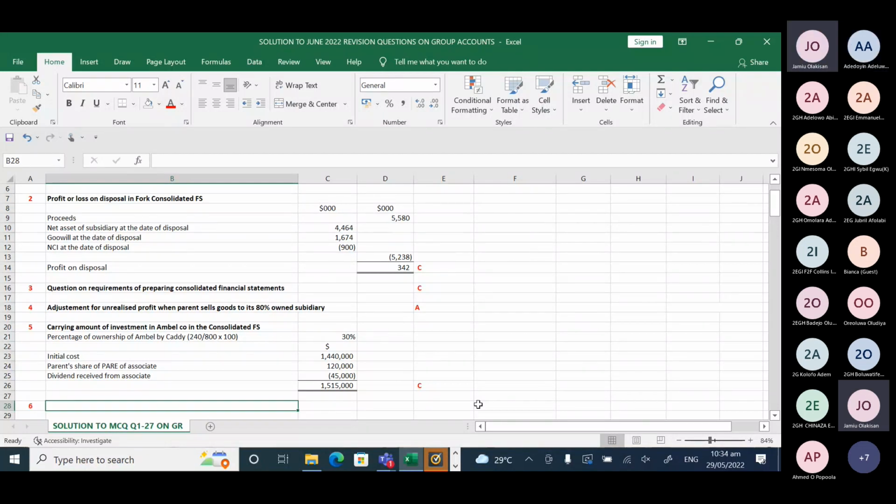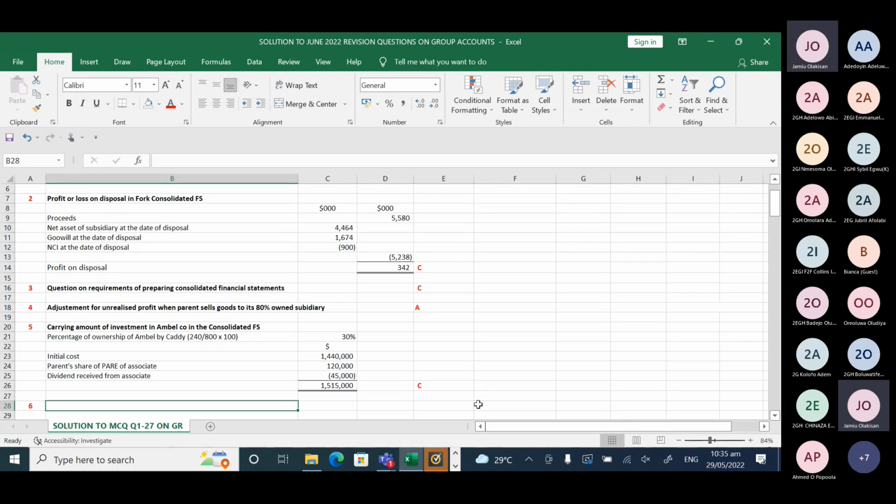But why did you do it that way? Why didn't you do it separately? Because in your own approach, we just have two items there: initial cost, then parent share of the post-acquisition retained earnings of associate after payment of dividend. Those are the only two items.